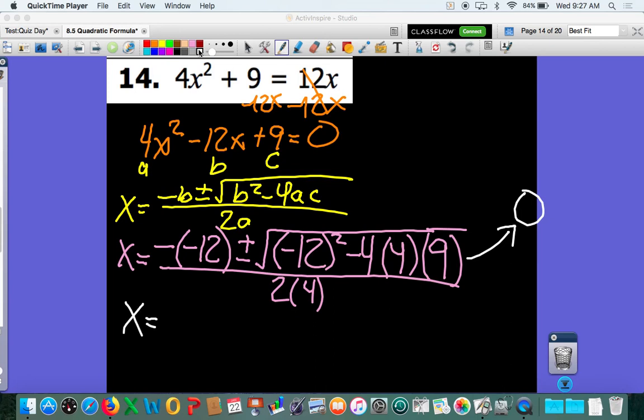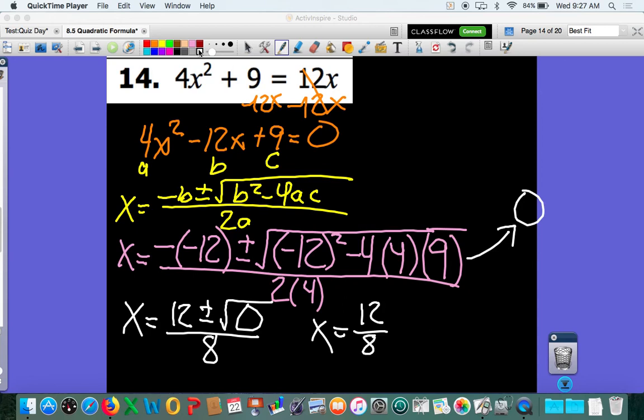So x equals negative negative, on that 12, negative positive 12, plus or minus the square root of 0 all over 2 times 4 is 8. Well, we know the square root of 0 is 0, so I don't need that part. So I get x equals 12 over 8, which reduces to x equals 1.5. Okay. So I have my one solution of 1.5.